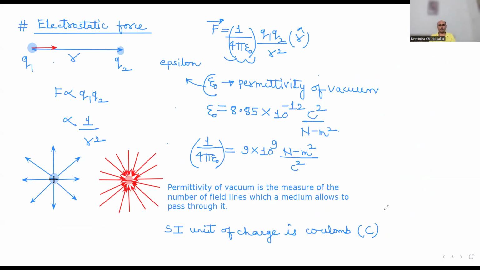In contact forces we are discussing reaction force.